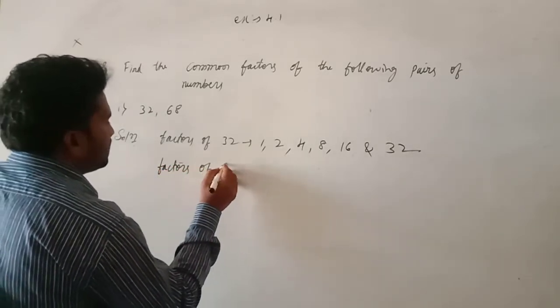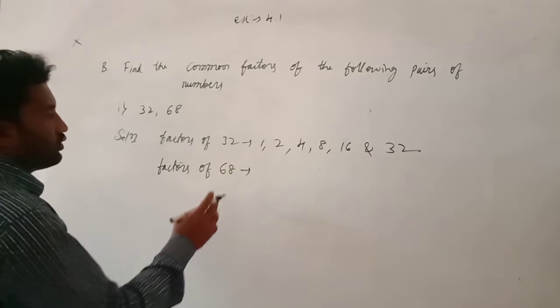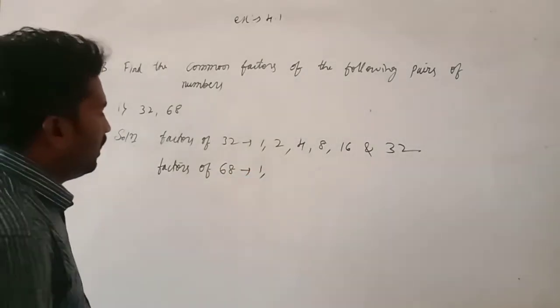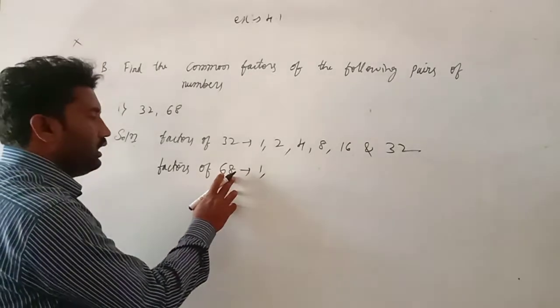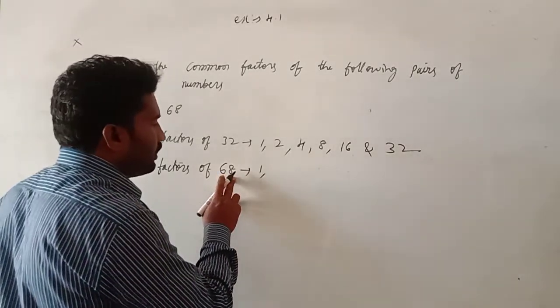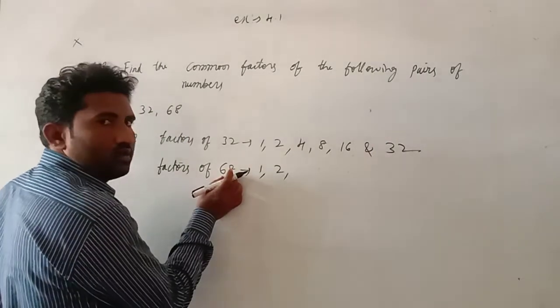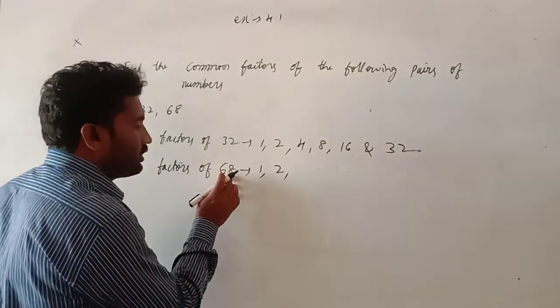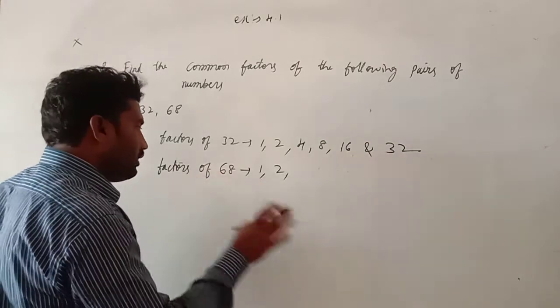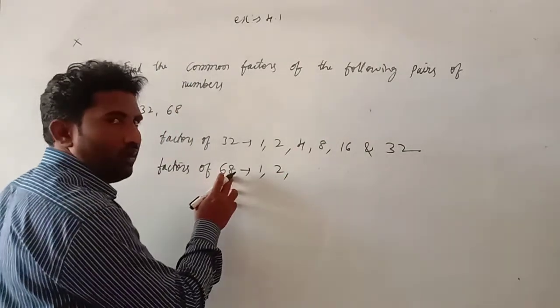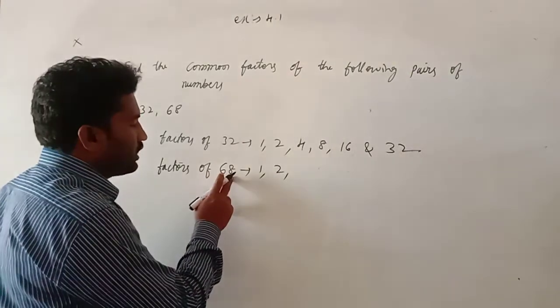Next, factors of 68. Every number can be divided by 1. It is an even number, so it is divided by 2. By 3, we check the sum of the digits: 6 plus 8 is 14, so 3 is not possible. By 4, we check the last two digits, 68.